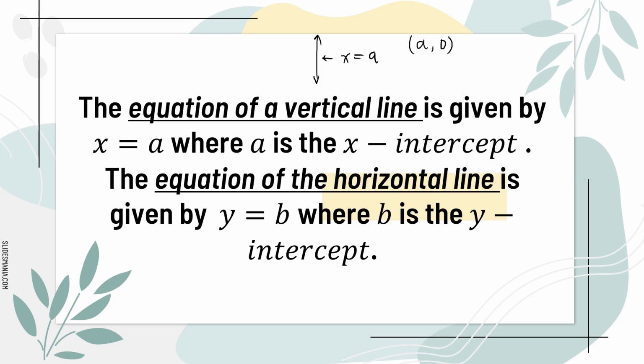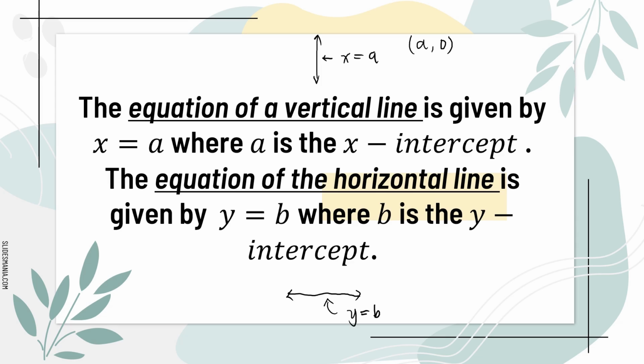Next, the equation of the horizontal line is given by y is equal to b, where b is the y-intercept. So for this one, for example here, this is your horizontal line, and the equation for this is y is equal to b, meaning y is any number.